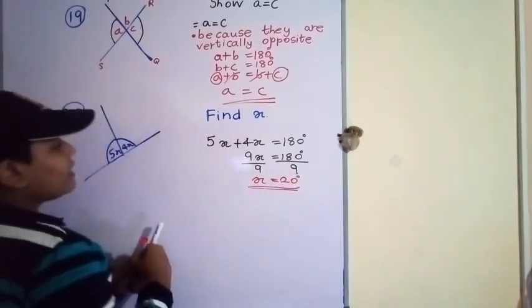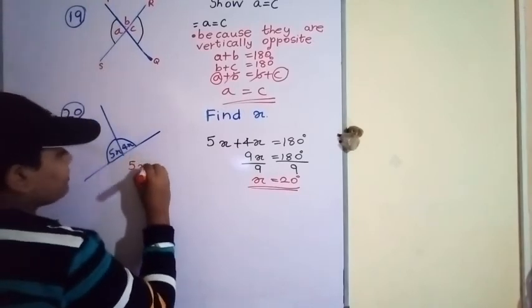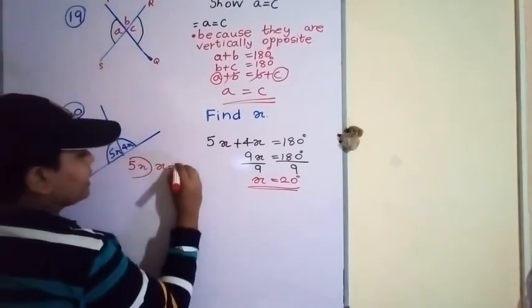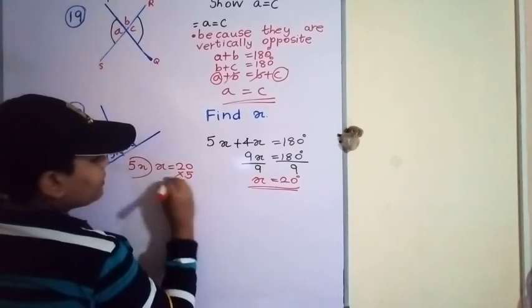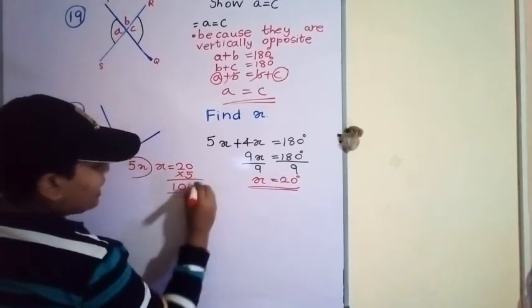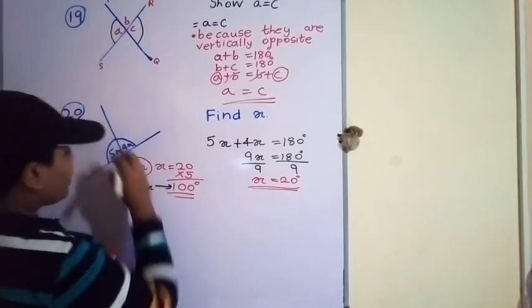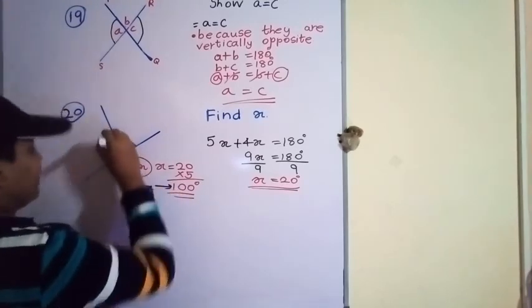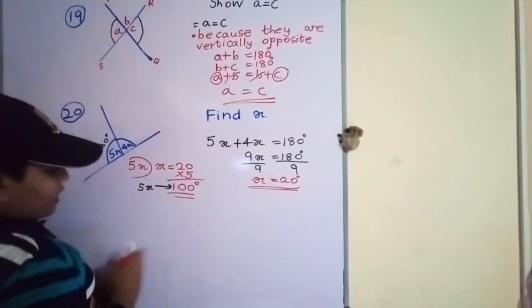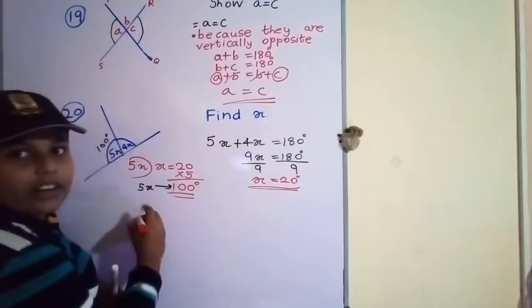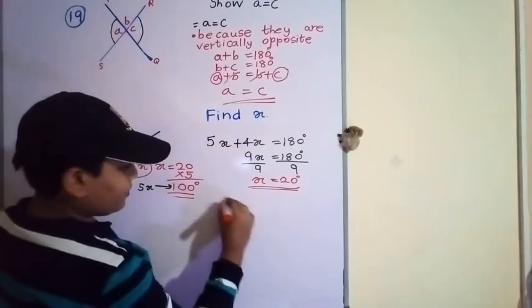X is 20. Let's find the 5x. Now x means 20. You want to multiply by 5. 100 degrees, this is 5x. 5x means 100 degrees. Let's find the 4x in there.